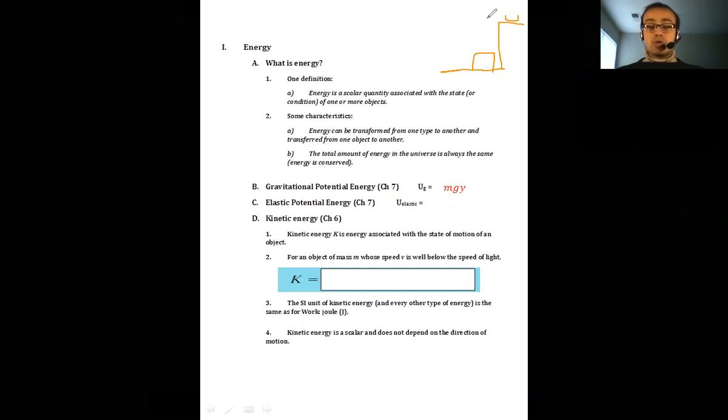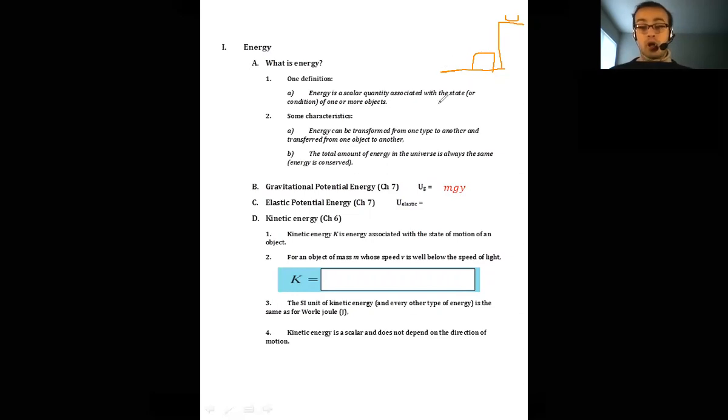The potential energy from here to here is greater than the potential energy from here to here. And if this ball does fall here to this table and rests here, it's not entirely devoid of potential energy.